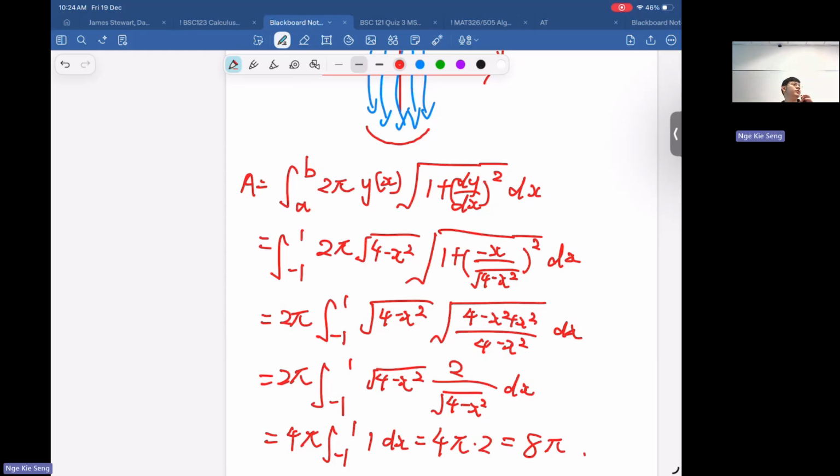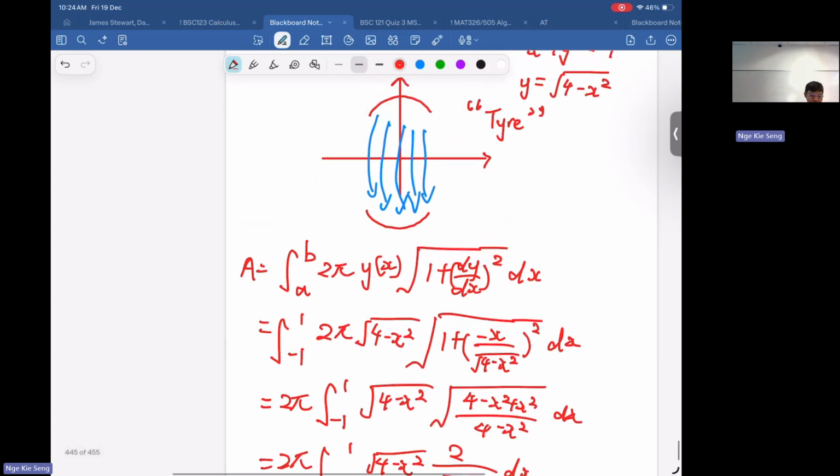Do you feel like this number has no meaning to you? Any meaning or not? At least not for me. If you change things, I don't know what this number is going to bring to me. But the most important point is the way to figure out this surface area.